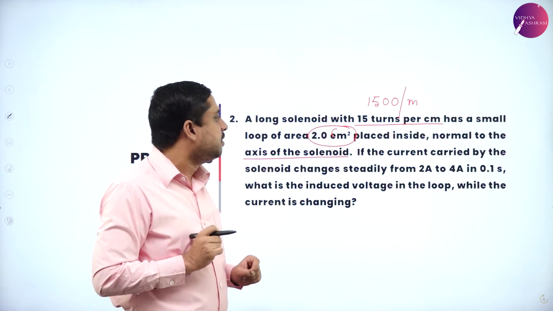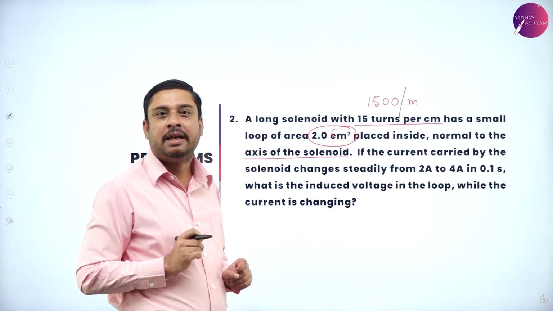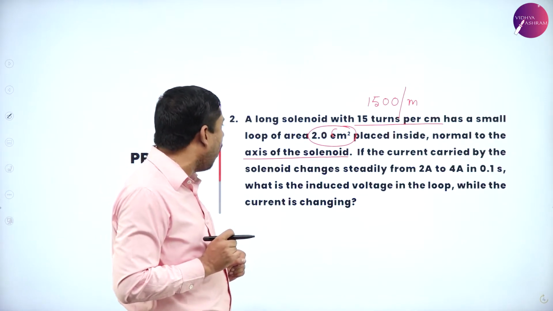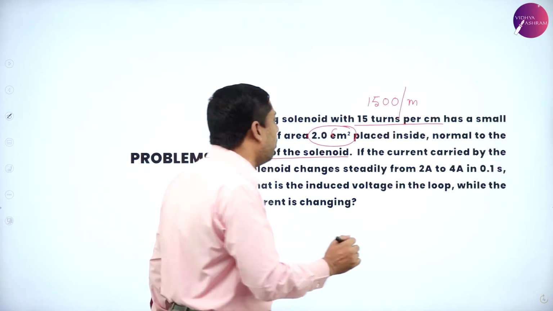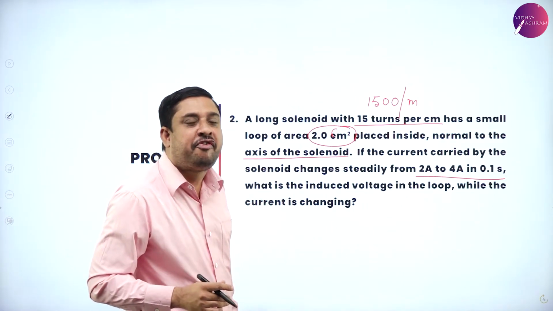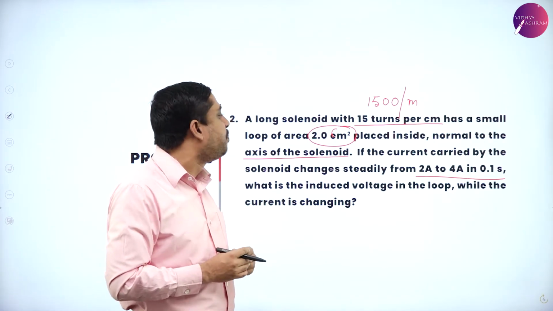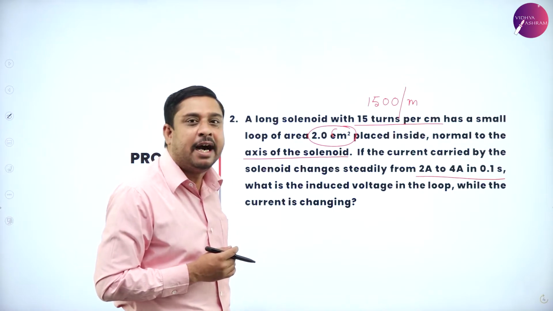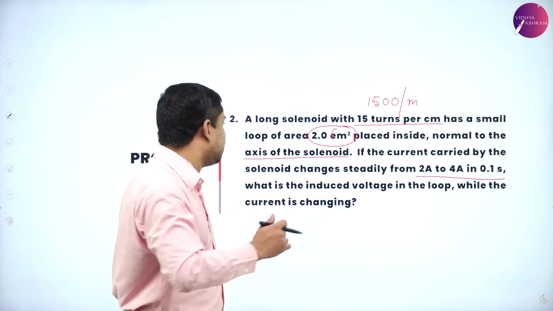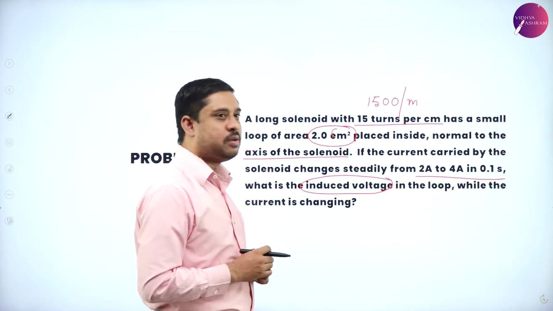If the current carried by the solenoid changes from 2 ampere to 4 ampere. Current is now increasing from 2 ampere to 4 ampere in 0.1 second. What is the induced voltage in the loop?